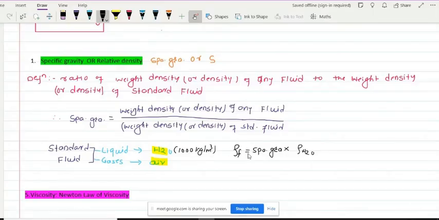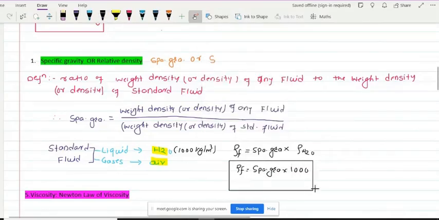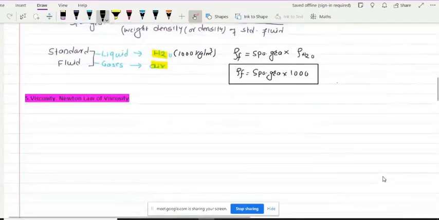So rho f is nothing but the specific gravity of the given fluid into the density of water, 1000. Usually we assume the density of water is 1000. This is your formula. It is a dimensionless term because it is the ratio of the same quantity.